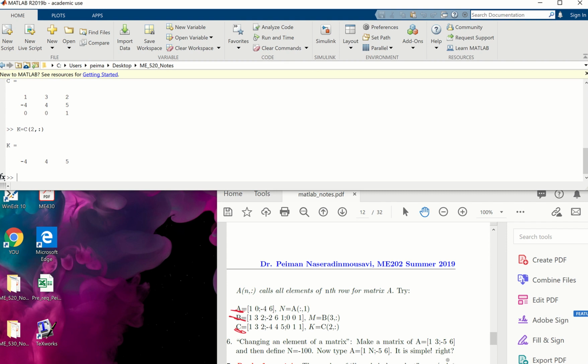It's a huge matrix. So you need these commands if you want to debug your code. If you have made a mistake in the coding, you can use this command to get the specific element of a given matrix.